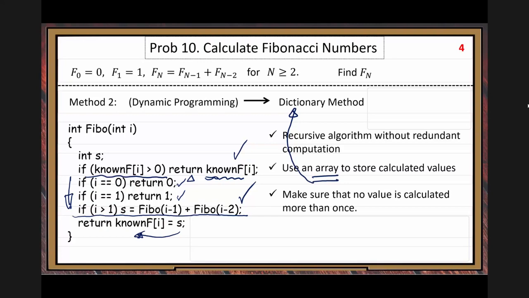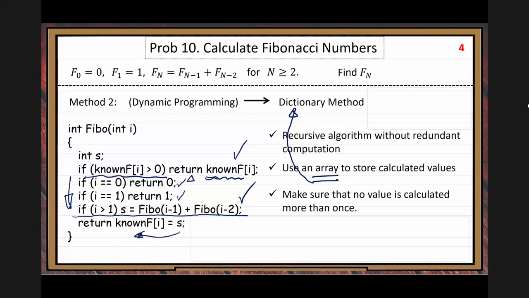Dynamic, definitely dynamic, so you do things in a dynamic way. Programming, what's the programming? Here the meaning of programming is different from coding. Coding, we write our code, logic. Here, we use the old meaning in history. It's called a table. Programming means you organize your data in a table.